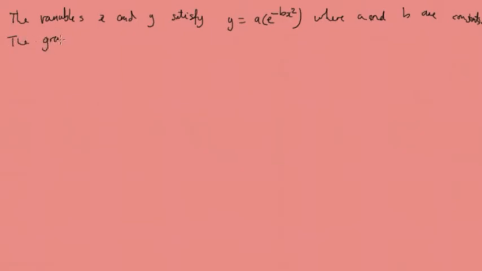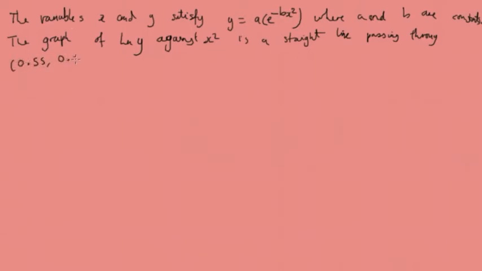The graph of the logarithm of y against x squared is a straight line passing through the points 0.55 and 0.84, and 1.72 and 0.26. And we're going to draw a diagram.